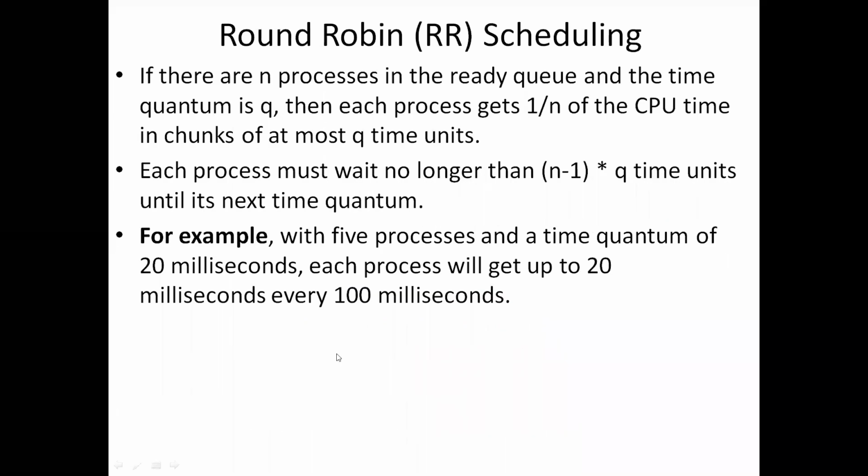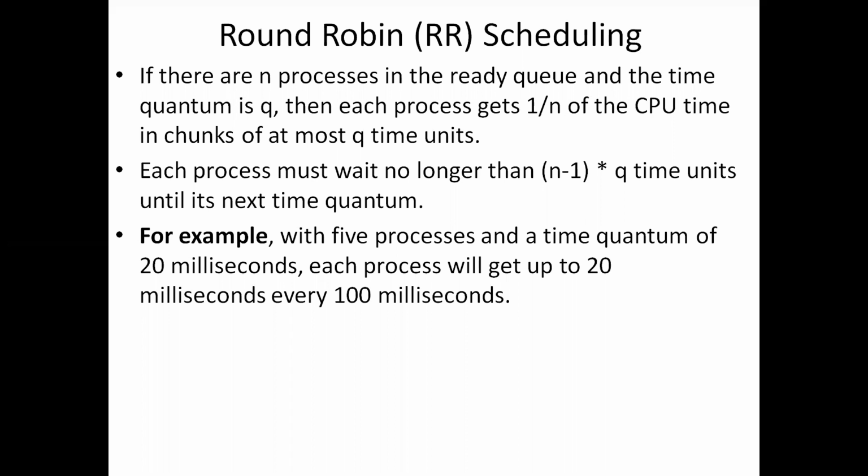If there are n processes in the ready queue of round robin scheduling and the time quantum is defined as q, then each process gets 1 divided by n of the CPU time in chunks of at most q time units.